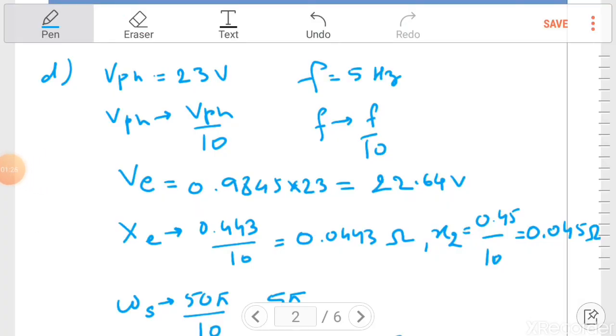Similarly, in the last option, phase voltage is 23 volt and frequency is 5 Hz. So we can see that phase voltage is reduced to 1/10 and frequency is also reduced to 1/10.